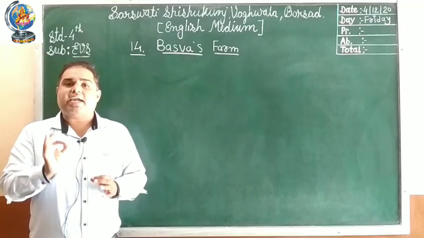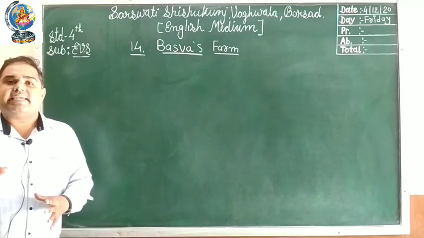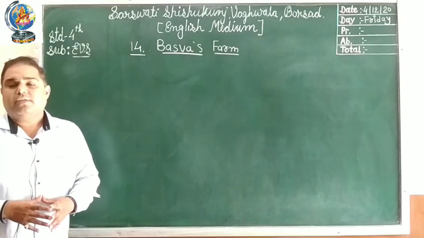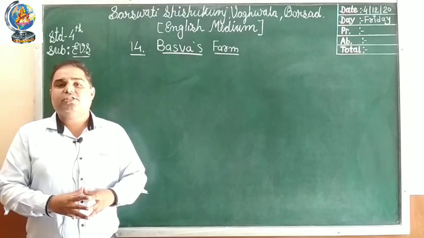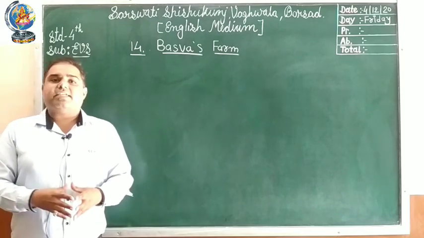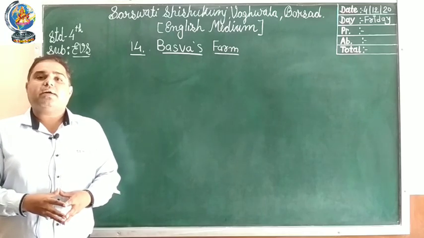So it is very important for a farmer to grow and cultivate good crops. So students, all these things you will learn in this chapter. Let us begin this chapter. Students, you have to pay attention in your textbook.